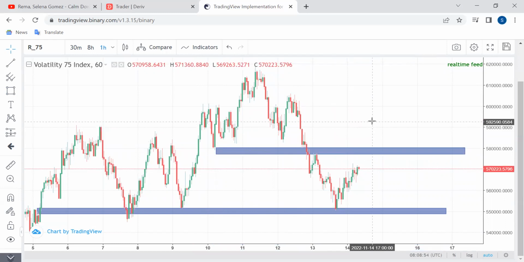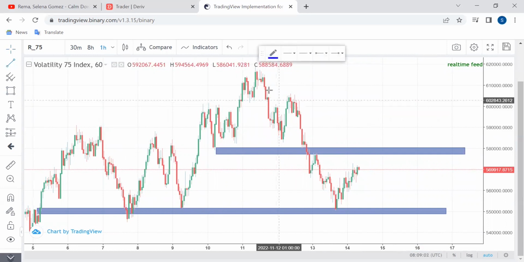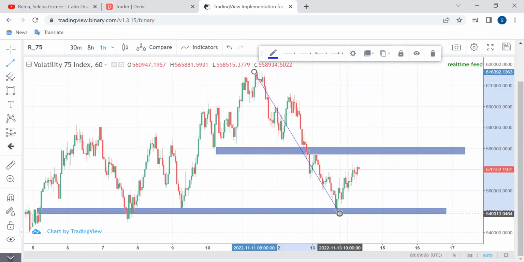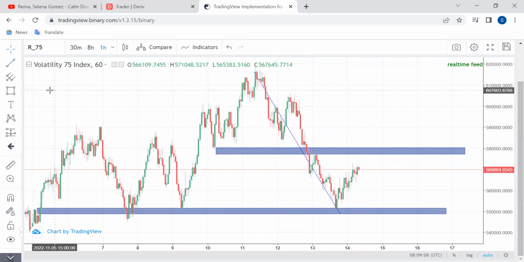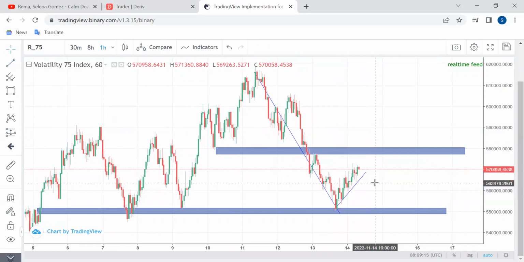So now, after identifying this and also identifying the trend, you can see it has been on a downtrend and now it's trending bullish. For the past few hours, it's now bullish.